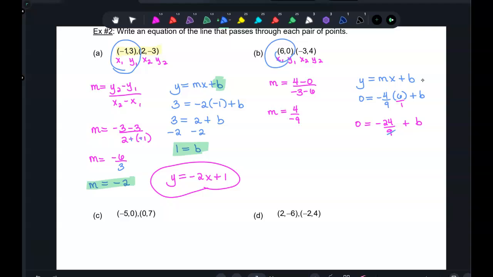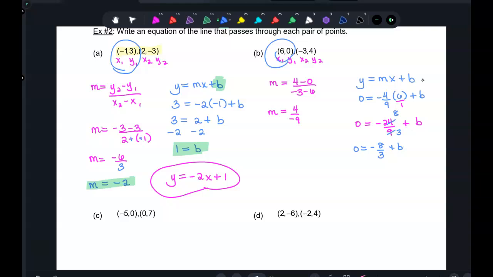Okay, if I divide the top and the bottom by 3, this is going to be reduced to -8/3. I did -4 over 9 times 6, and I got -8 over 3. If you have your calculator, great, because what's nice about the calculator is it's going to reduce it for you at the same time.